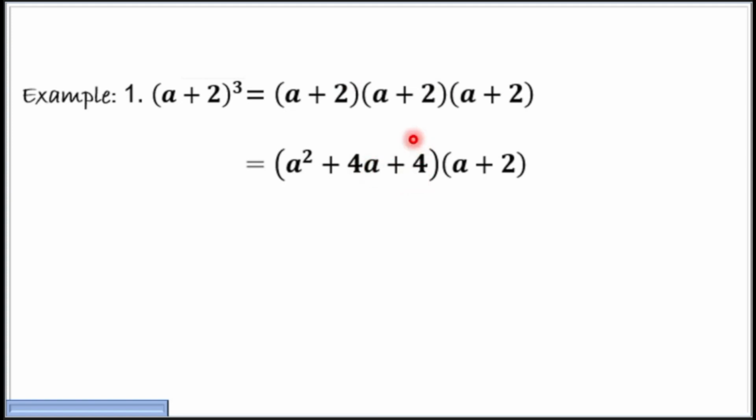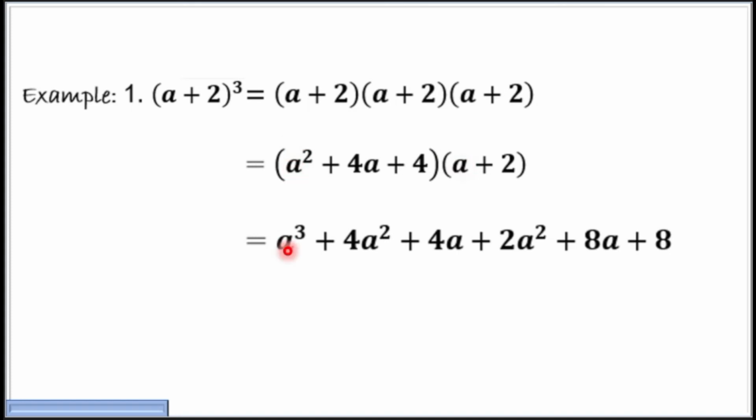Next is the full method. If you notice, the shortcut we showed earlier and the long solution are the same. Then we distribute. A squared times a cubed. Next, 4 times a is 4a squared.